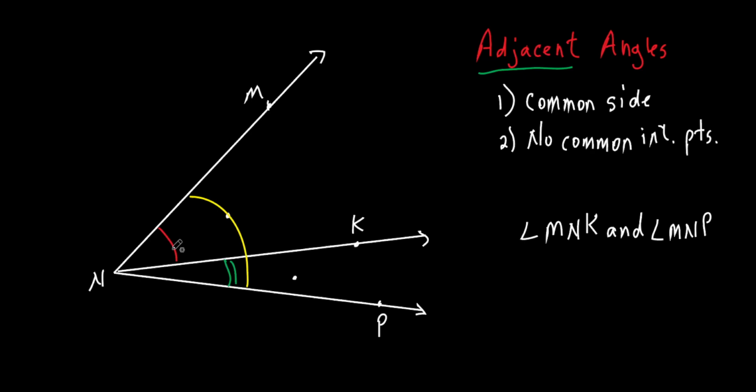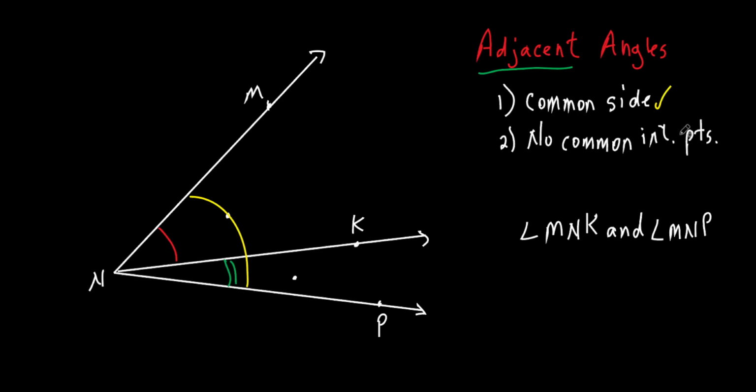That's MNK. And look at the yellow one. That's MNP. First of all, do they have a common side? Does the red one and the yellow one have a common side? Yes. They do. NM, right? So NM is part of that red one, and NM is also part of the yellow one. So that checks that off, doesn't it? What about this one, though?